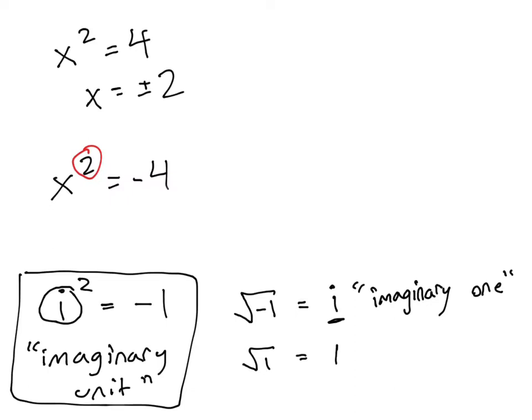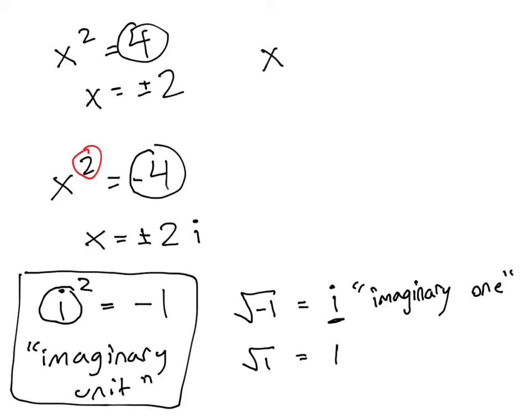So just like every positive number has two possible square roots, a positive and negative answer, any negative number also has two possible square roots, which are just the imaginary equivalent of what we would get if we took the positive square root. So the square roots of 4 are positive and negative 2, and the square roots of negative 4 are positive and negative imaginary 2, or positive and negative 2i.